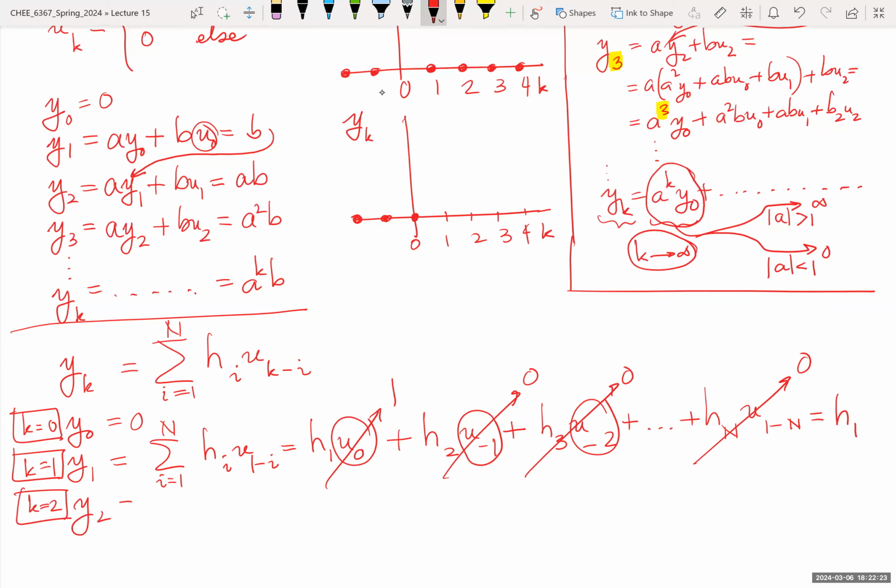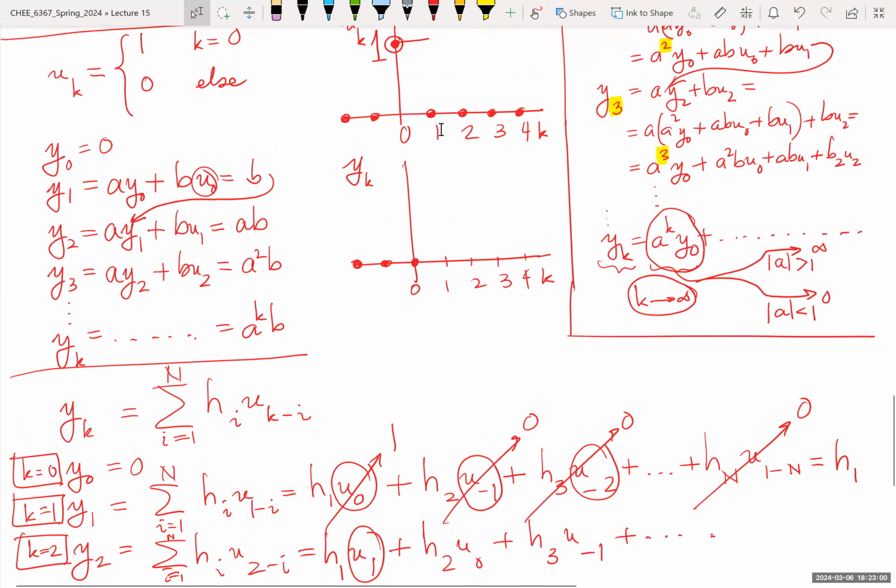Okay, let me continue with k equal to 2. You get the pattern now, right? So this is going to be the sum, i goes from 1 to n, H_i u(2 minus i), which is equal to H1 u1 plus H2 u0 plus H3 u(minus 1), etc. And what is this? u1 from up here, 0, yes.